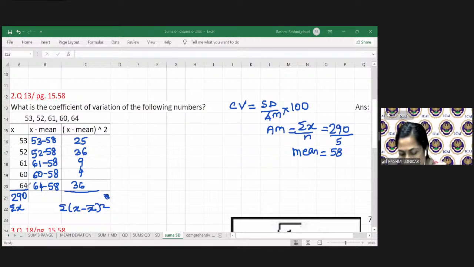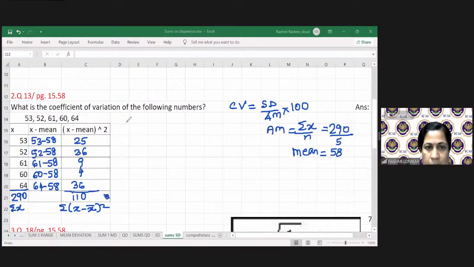This is 36 plus 36, 25 plus 30. 110. चेक करके बताइए सबका 110 आ रहा है क्या? Okay. So I have got this.